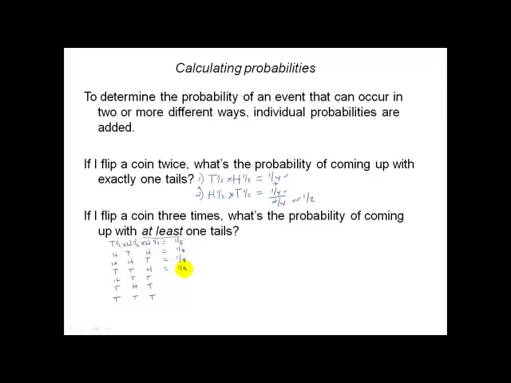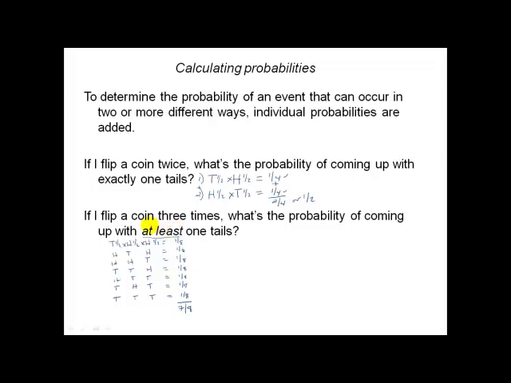We would add them all up, because we're saying the first scenario or the second scenario or the third or the fourth or the fifth or the sixth or the seventh, all of these would satisfy the outcome of at least 1 tails. We would add those all up and we would see that 7 out of 8 times we would get that scenario, at least 1 tails on 3 coin flips.